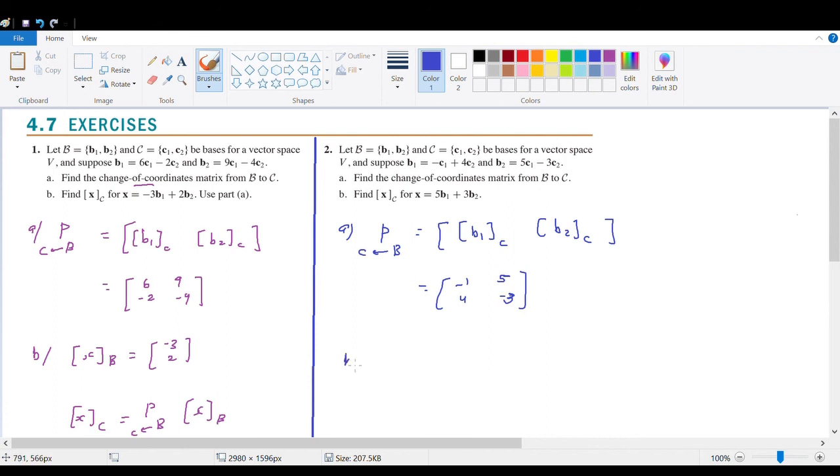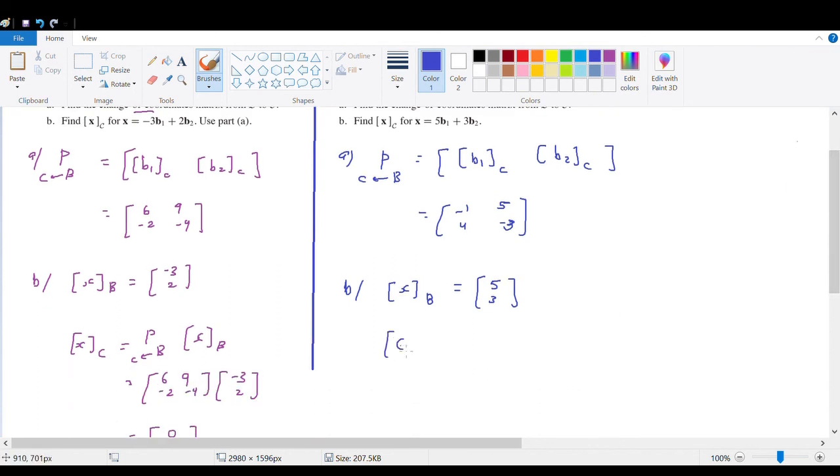Now for part B, we need to find the coordinate vector of x to the basis C, and from here we can find the coordinate vector of x to the basis B, which is given by 5 and 3. So now the coordinate vector of x to the basis C is given by the change of coordinate matrix multiplied by x to the basis B. So this is minus 1, 4, 5 minus 3 multiplied by the vector 5, 3.